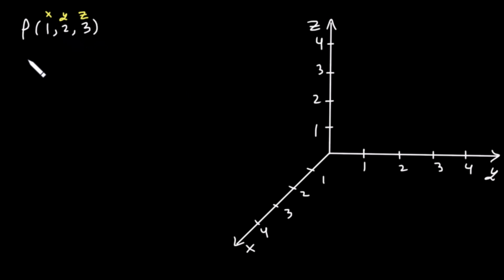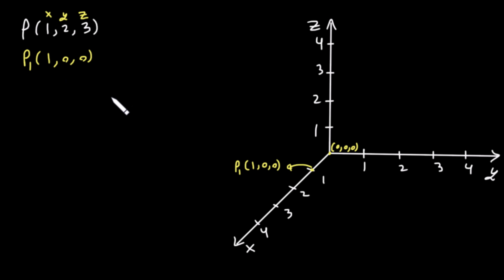So the first point, let's say P1, is (1, 0, 0). To plot this point, we have to move just one step along the x-axis. From the origin, which is (0, 0, 0), we go just one step to there, which is this point. This point represents (1, 0, 0).